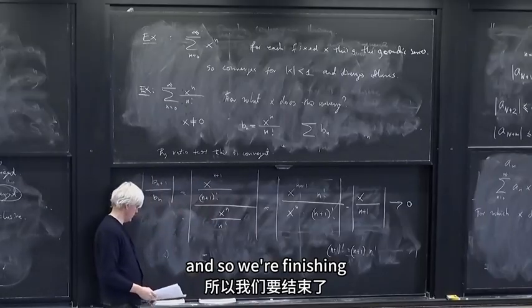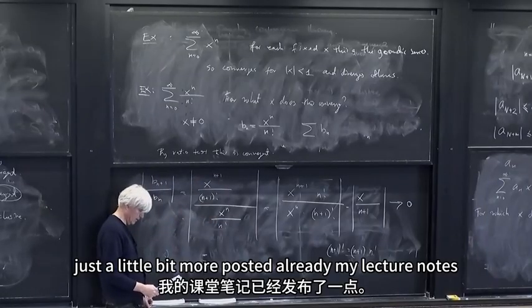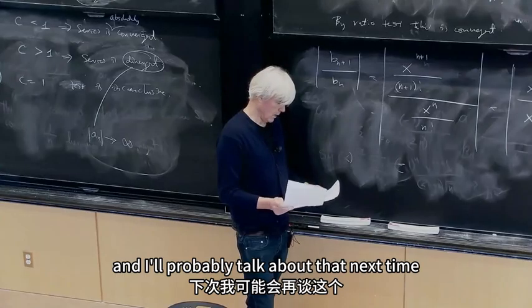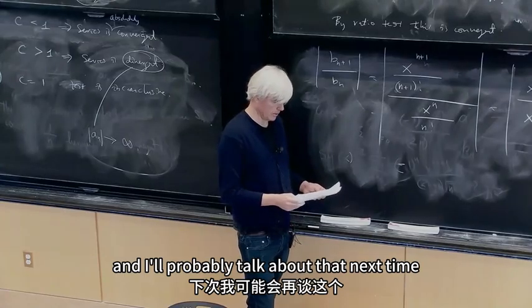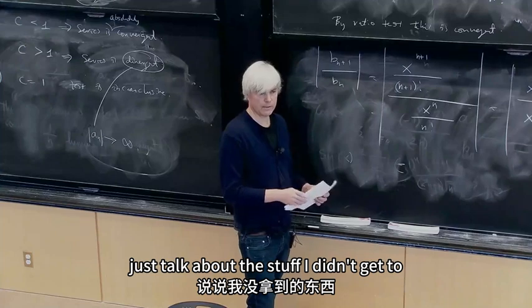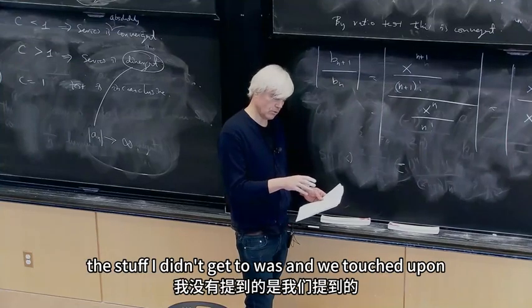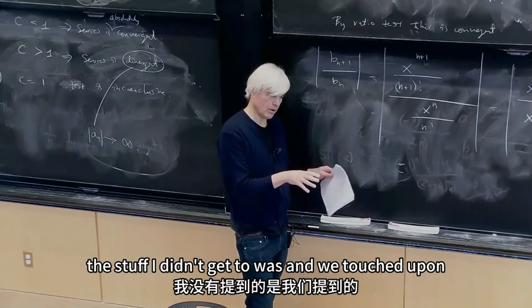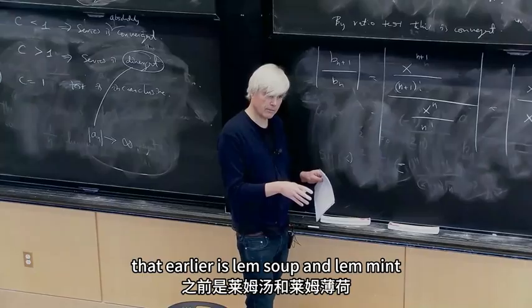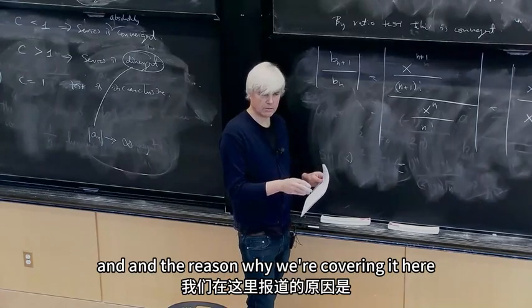And so we'll finish here. There's a little bit more. I posted already my lecture notes. There's a little bit more, and I'll probably talk about that next time. I'll just start with the stuff I didn't get to, which we touched upon earlier, is lim sup and lim inf.